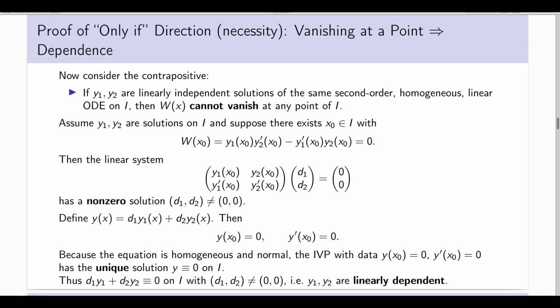But the initial value problem with data y of x0 equals 0 and y prime of x0 equals 0 has a unique solution, y identically 0 on the interval I. Therefore, d1y1 plus d2y2 is identically 0 on I with d1, d2 not both 0. That is, y1 and y2 are linearly dependent.